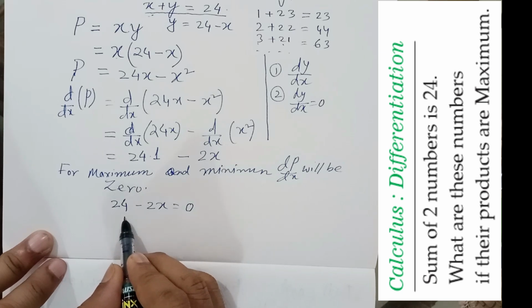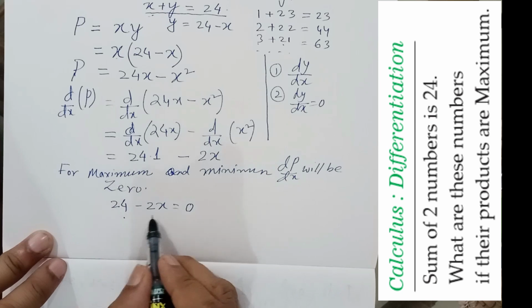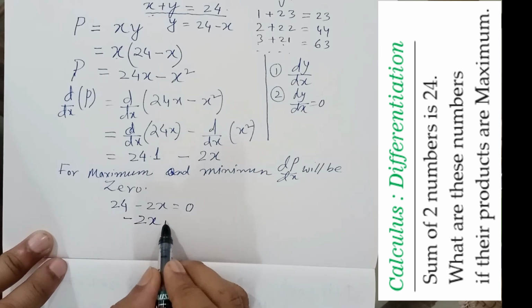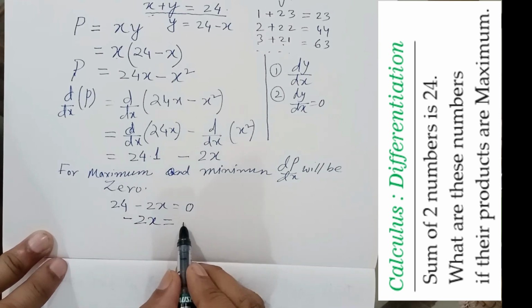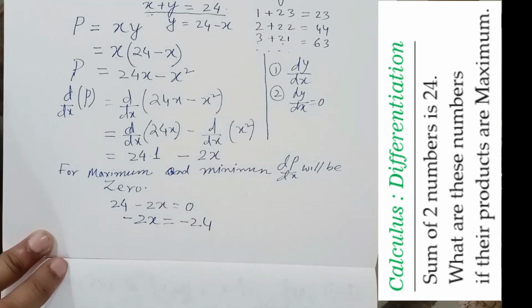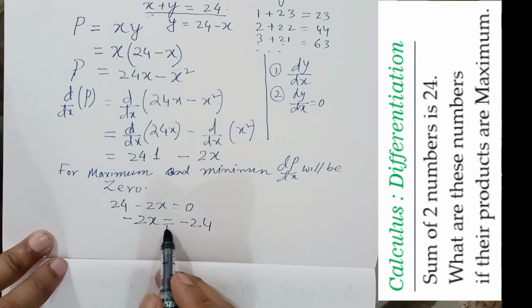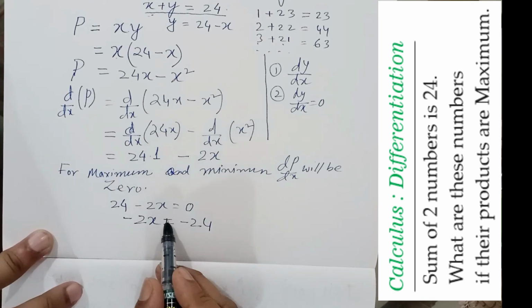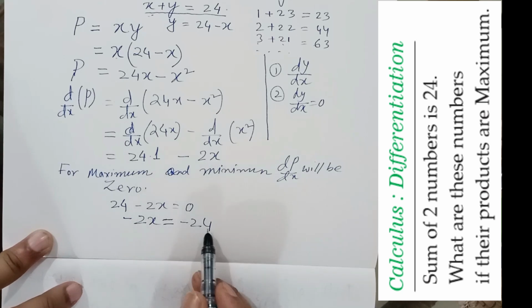If you don't want to do it another way, this is one way I'll show you. Here minus is there. If an equal sign is there, division by minus doesn't give any problem.